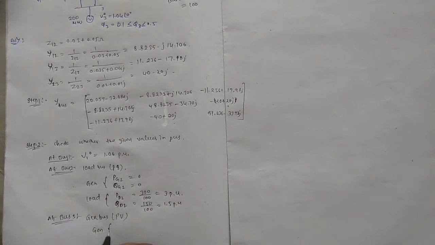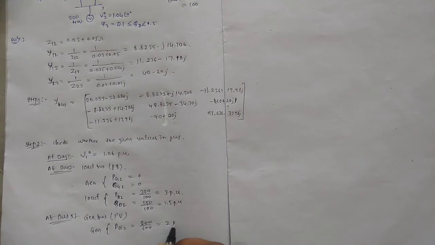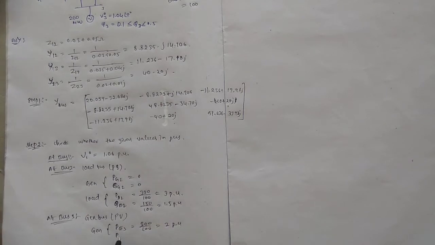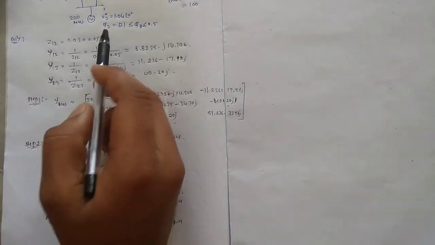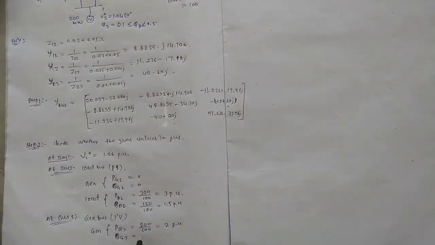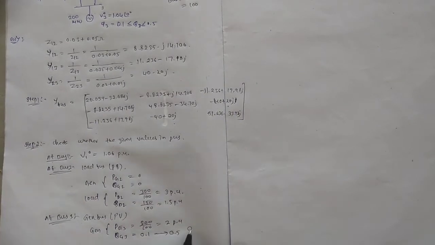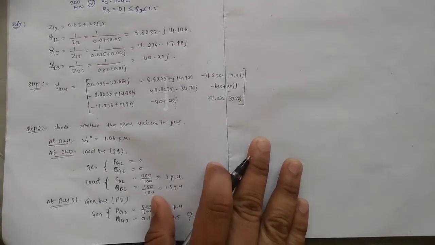First we check the generator: PG3 is given as 200, and to convert into PU, divided by 100, it is 2 PU. QG3 they did not give, but they gave the limits. Remember, QG3 limits are 0.1 to 0.5, still the value is a question mark.